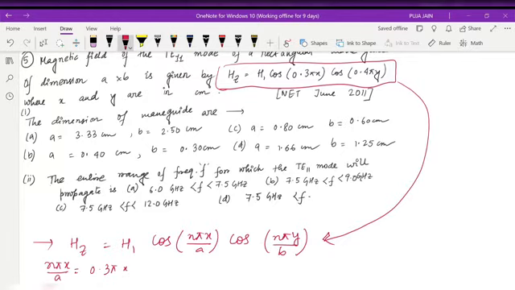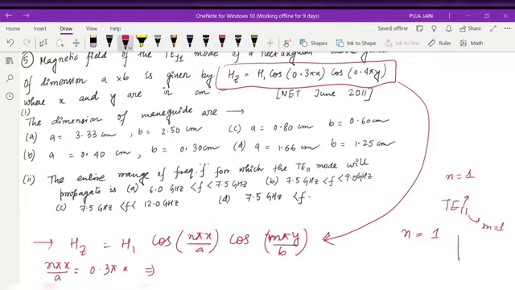Since it is TE11 mode, n equals 1 and m equals 1.